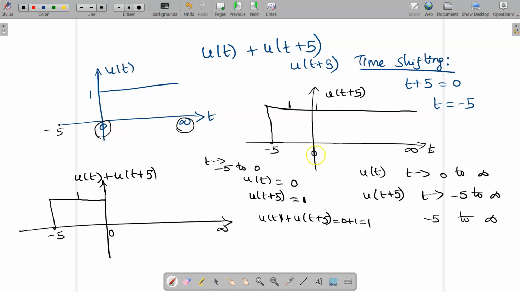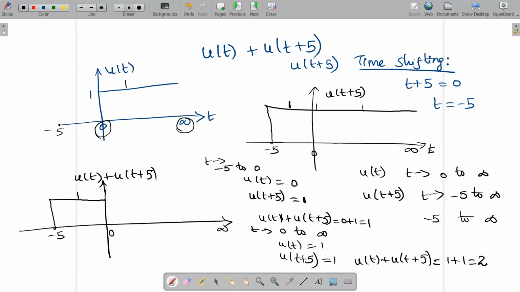Suppose the range is from 0 to infinity. When t varies from 0 to infinity, what is u of t? From 0 to infinity, the value is 1. What is u of t plus 5? Again, that value is also 1. So u of t plus u of t plus 5 is nothing but 1 plus 1, the value is 2.